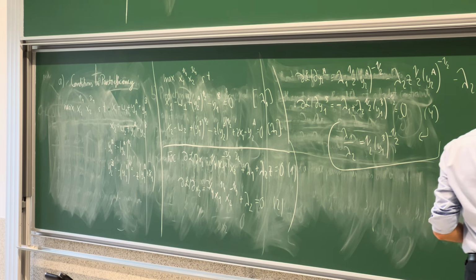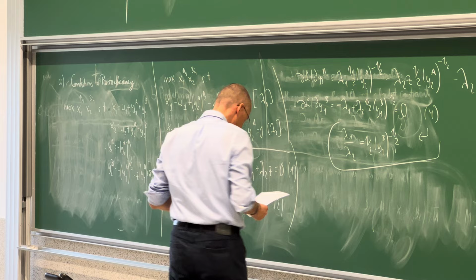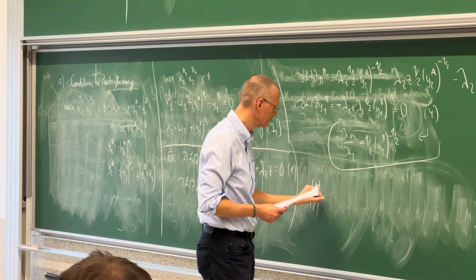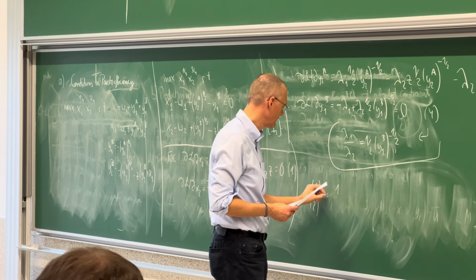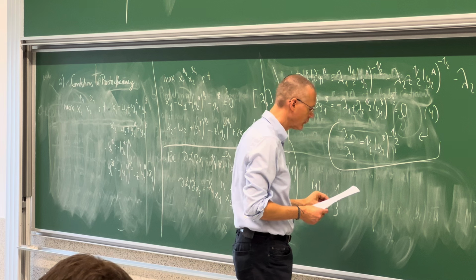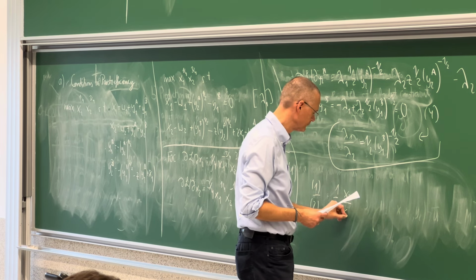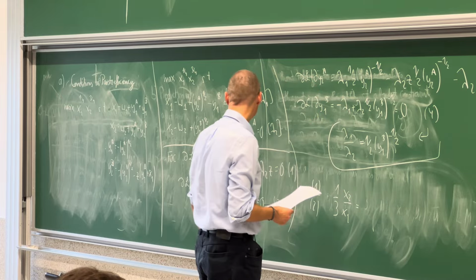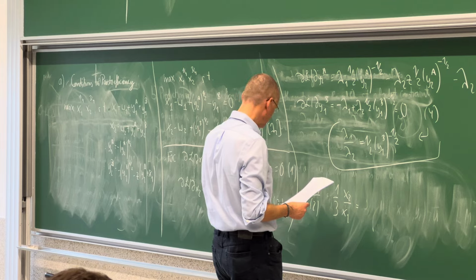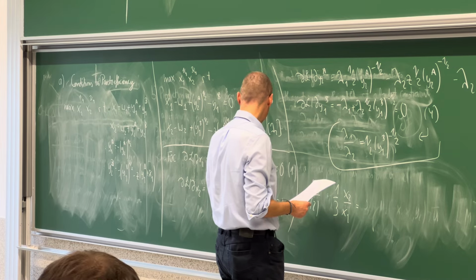Then you put together conditions 1 and 2. There's the usual marginal rate of substitution condition, which is 1/4 divided by 1/3 x2 over x1, equal to, and here we have lambda 1 plus lambda 2 zeta, and here we have lambda 2.